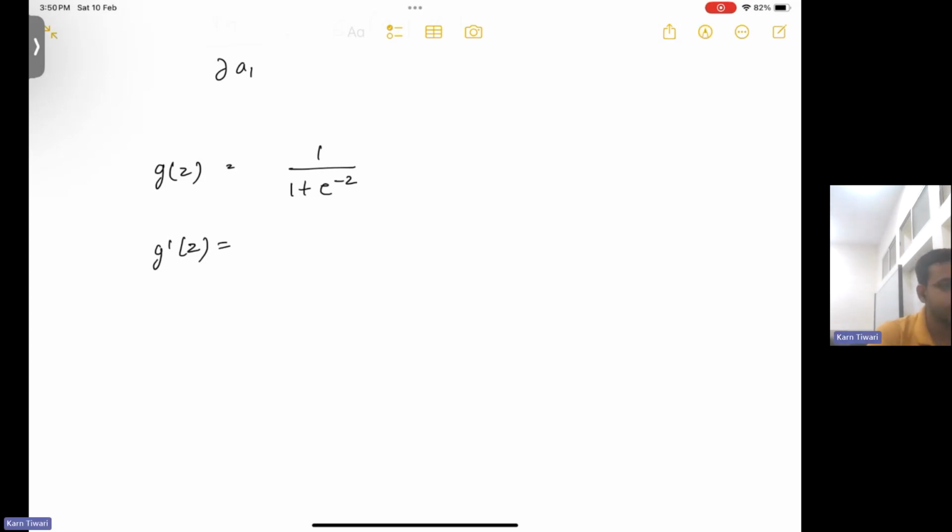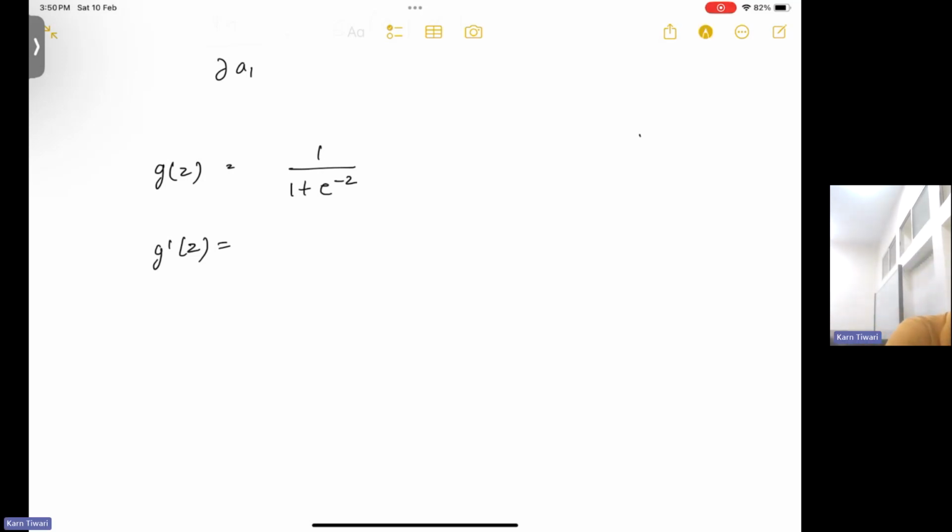Firstly, we need to use the numerator and denominator rule.